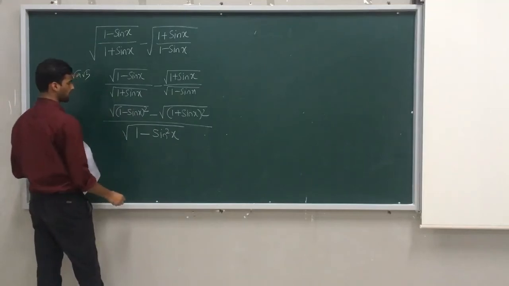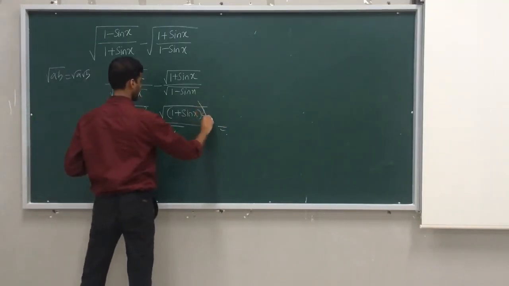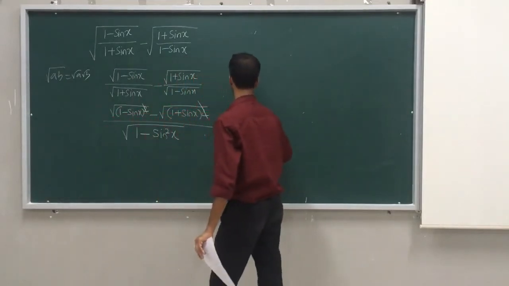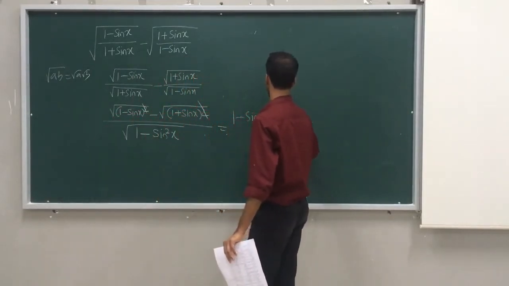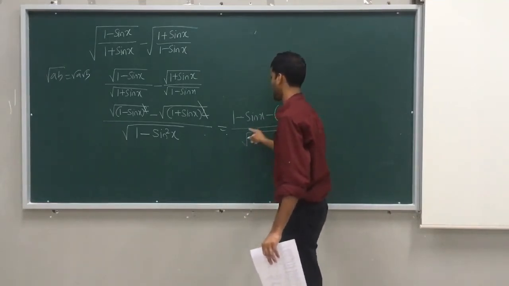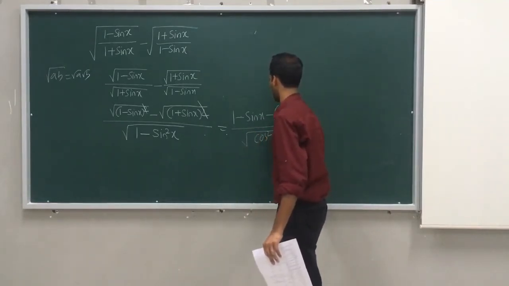If you check with the numerator, the square root will cancel, so you are left with 1 minus sine x minus (1 plus sine x), divided by root of 1 minus sine square x, which is cos square x.